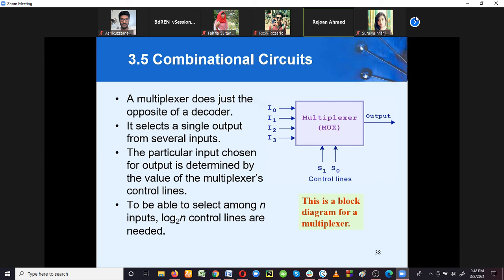Yes, ma'am. Today I asked this question in the comprehensive Viva: what is the characteristic of the multiplexer? Comprehensive Viva, you know what is comprehensive Viva? Yes, ma'am. Comprehensive Viva means before graduation you have to give a Viva for all the course subjects. So whatever topics you read, try not to memorize, try to understand from your heart so that you will never forget.